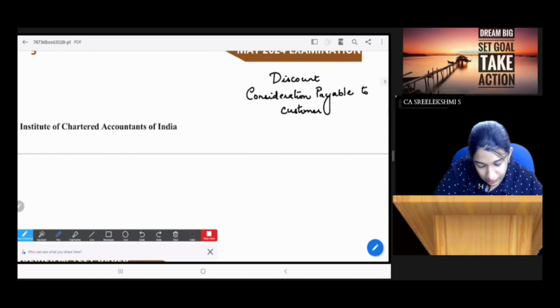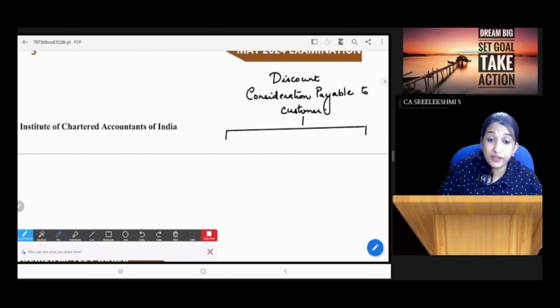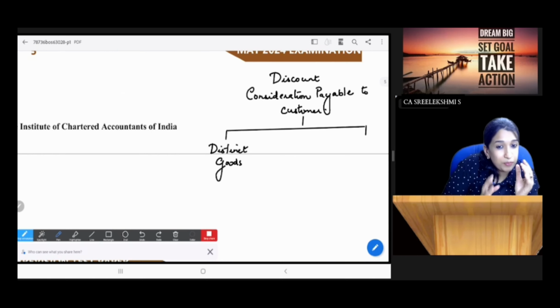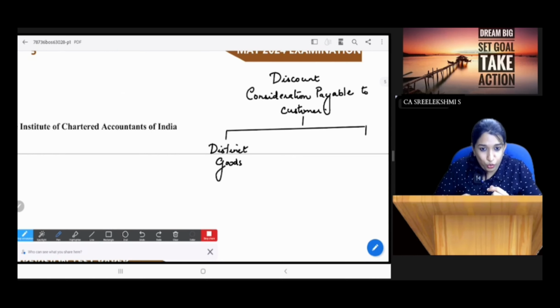If you remember the consideration payable to customer: if the discount is related to a distinct good or service, is that discount given for a distinct good or service?